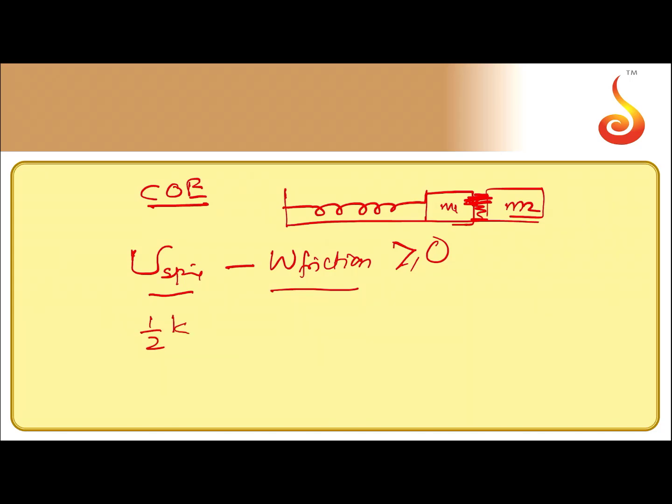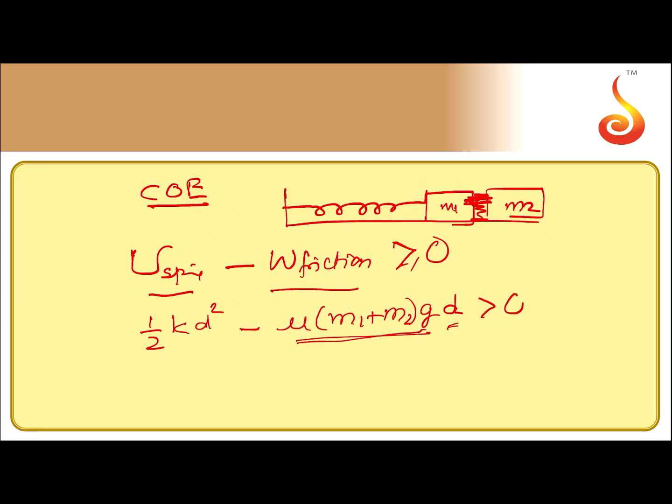Initial spring potential energy is half k d square, minus work done against the friction, which is mu into m1 plus m2 into g, because both the masses are experiencing the friction, into d. d is the distance traveled in the spring coming back to its original configuration.